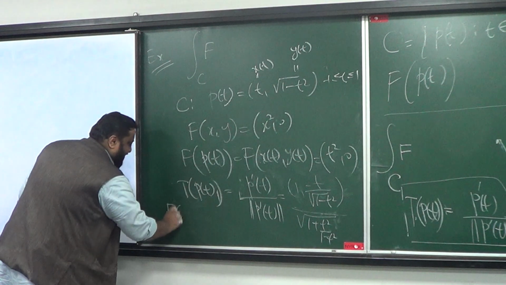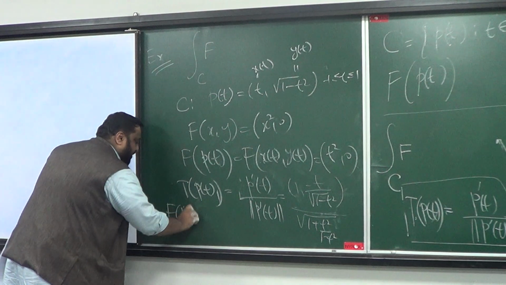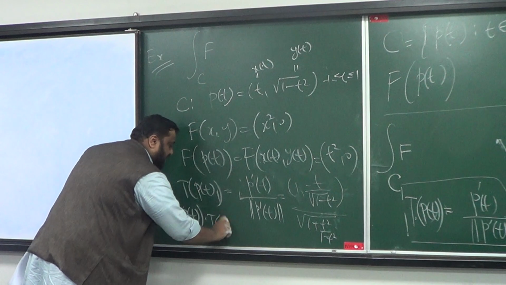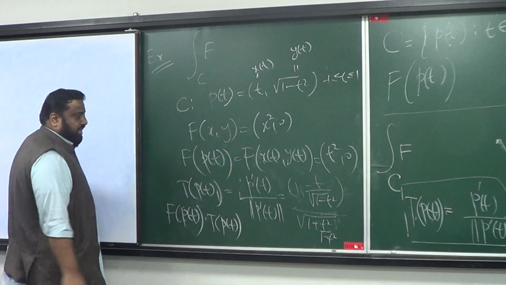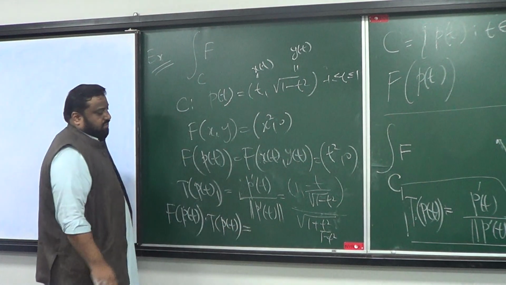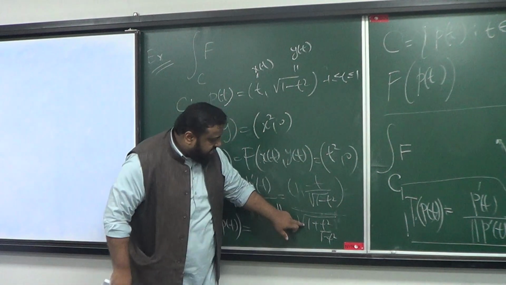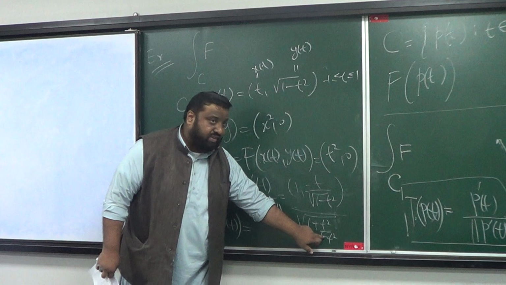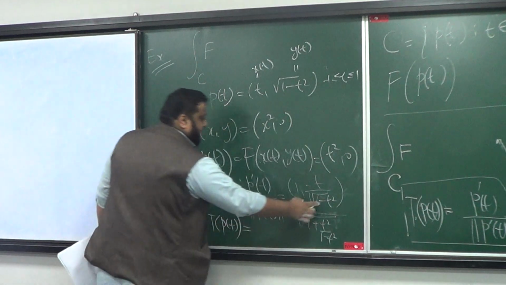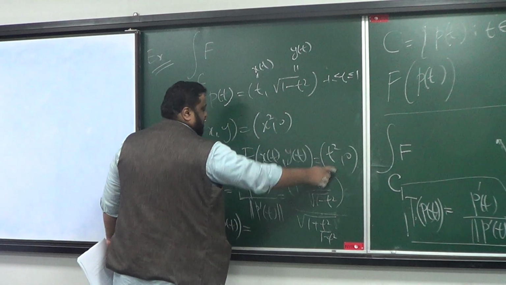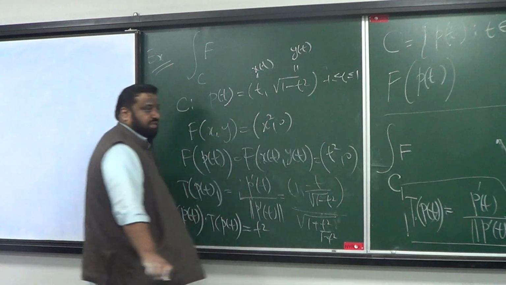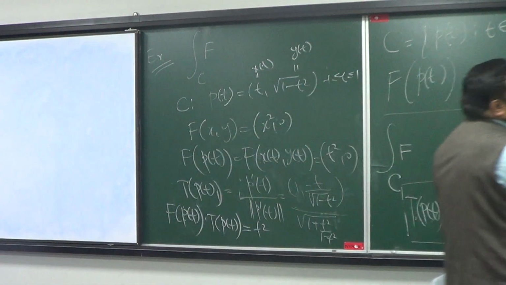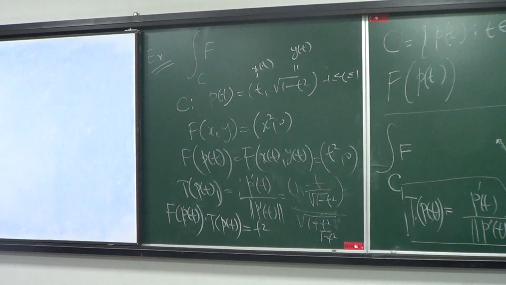So what would be f of P of t dot product with P of t? First of all, this would be 1 minus t square plus t square, so t square gets cancelled and this is just 1. You multiply this vector with t square and 0, so this is t square. So you computed this now.